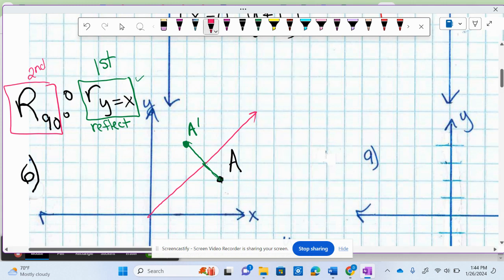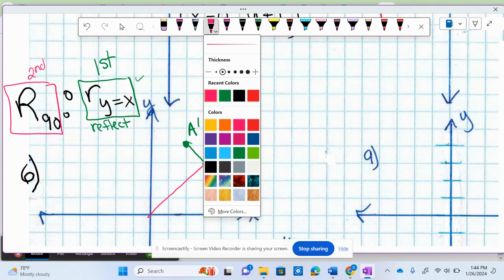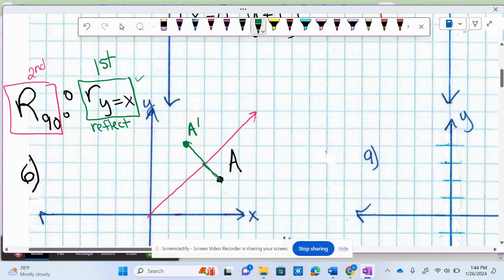Now I have to rotate this 90 degrees. Notice that it doesn't say clockwise or counterclockwise on there. We talked about that. So if it doesn't specify, what does it mean? How do your quadrants go? 1, 2, 3, 4. This is quadrant 1. This is quadrant 2. So if it doesn't specify, it means that I'm moving counterclockwise.